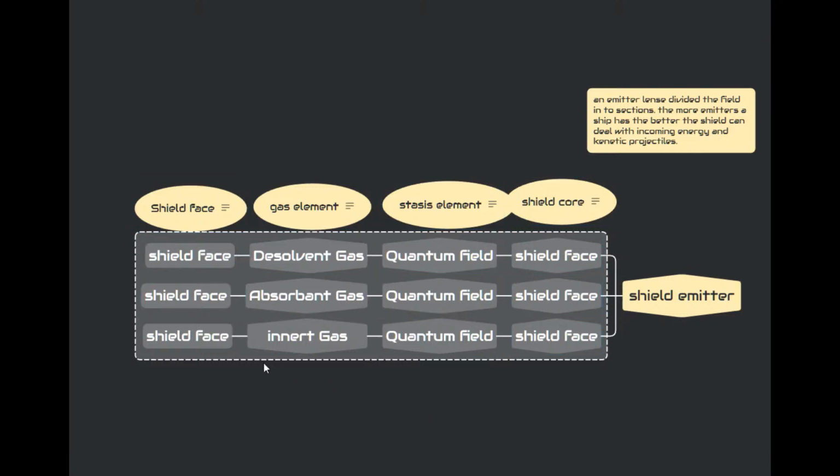Okay, so obviously we do different types of shields. The emission effect.